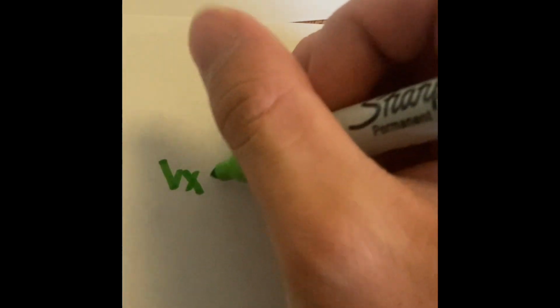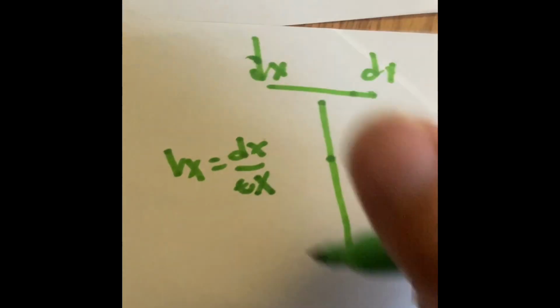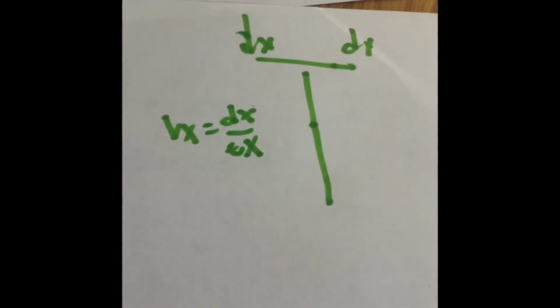Normally, when you're doing projectile motion, you always have something like dx and dy, where dx has the equation vx equals dx divided by tx. Velocity equals distance divided by time.